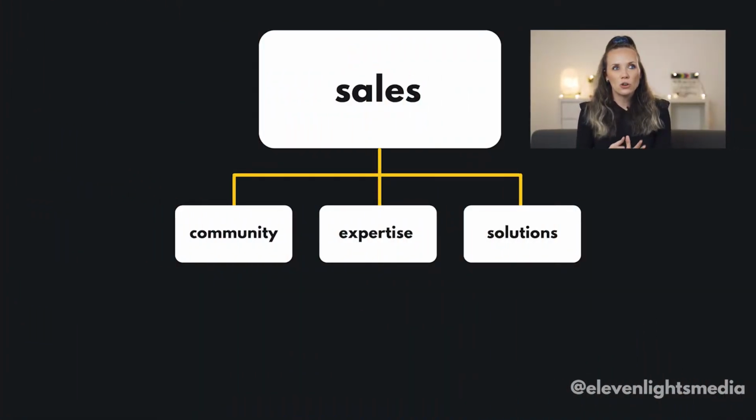Okay, so now that you know the different types of content to create and you understand the percentage formula that we work with, what I want to do is go back through each of those pillars and then talk about how they actually show up visually on a social media platform.